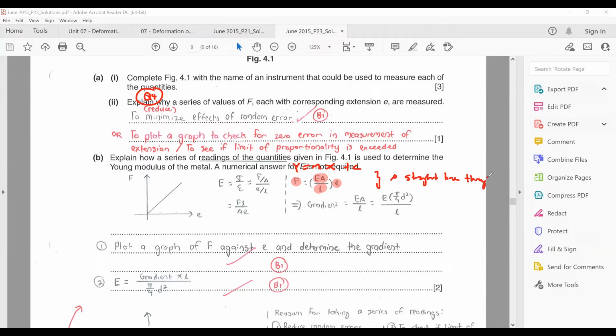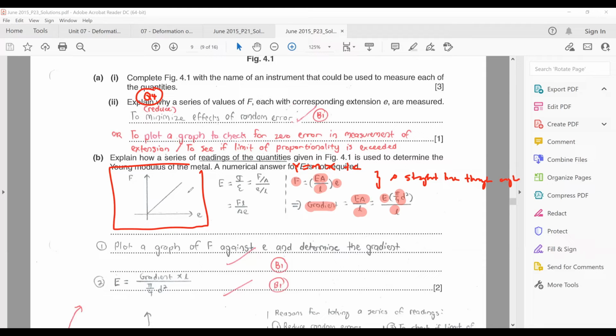through the origin, which is what you see here. The gradient will be EA over L, which if you expand further, area is pi over 4 d squared. So how would you use the readings that you have in figure 4.1 to find out the Young's modulus of the metal? Why do you take a few readings?